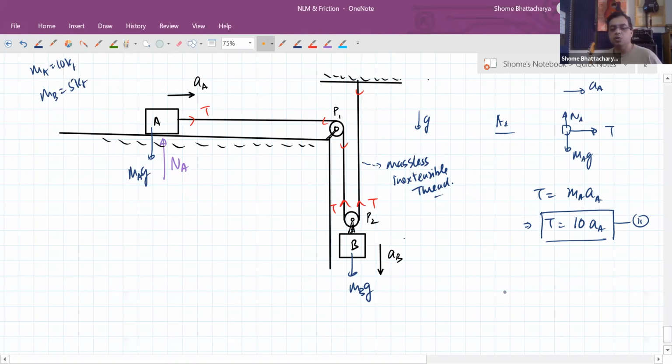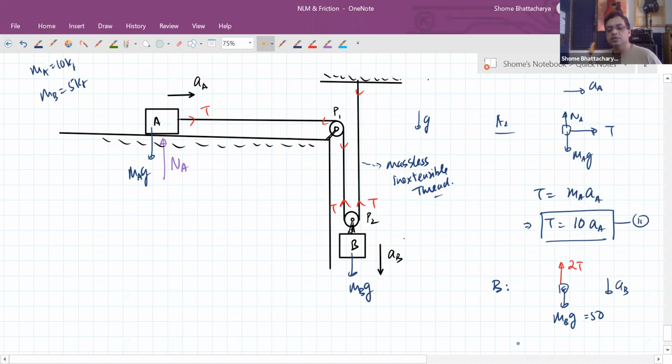If we look at our block B, there is a net of 2T acting upwards. You can include the pulley in its free body diagram because the pulley is massless, and B's own weight is 50 newtons. It has an acceleration of a_B downwards.